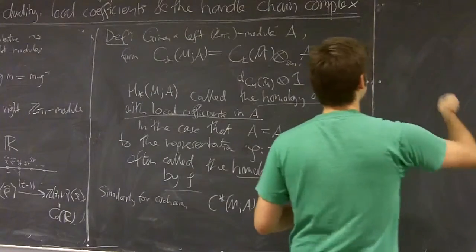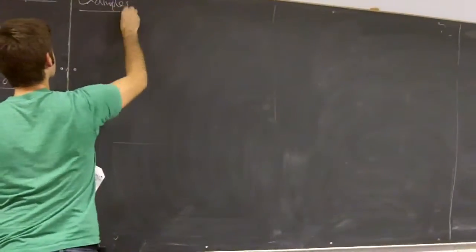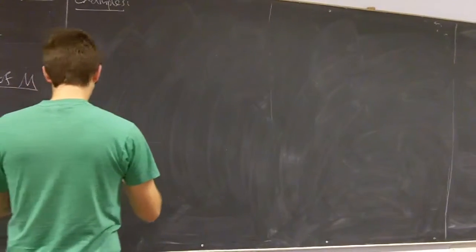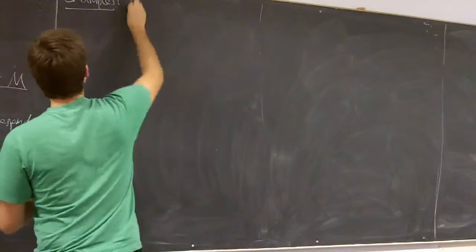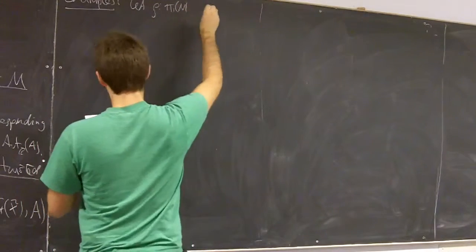So let's do a couple of examples of the kind of things we can get. So let rho be trivial.